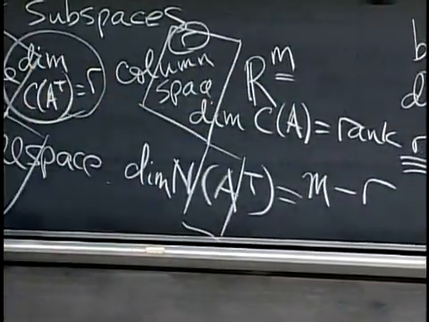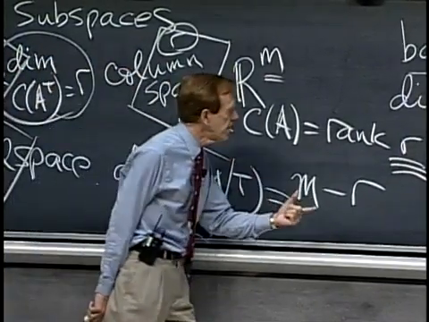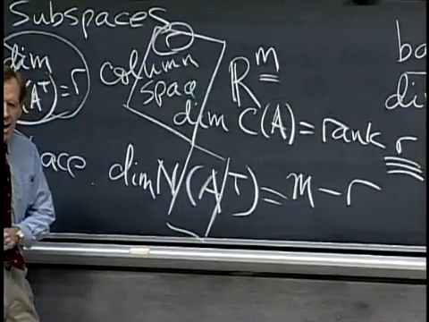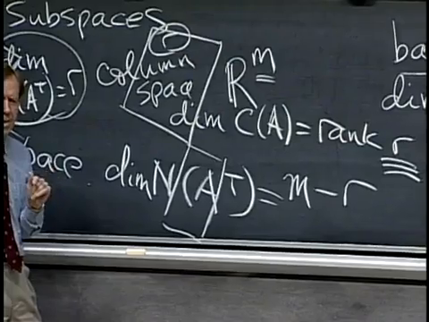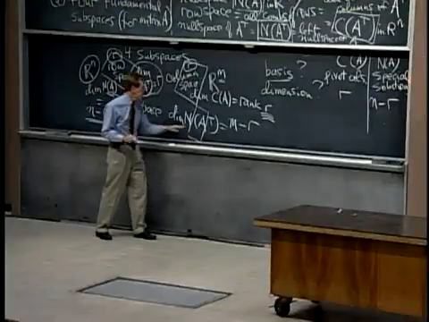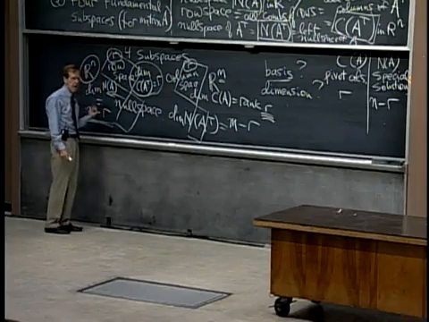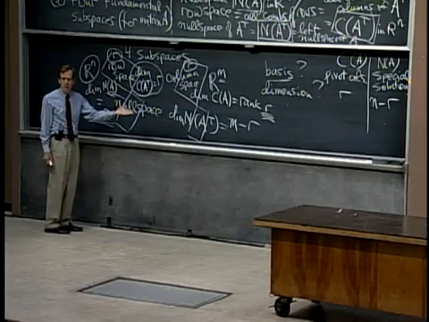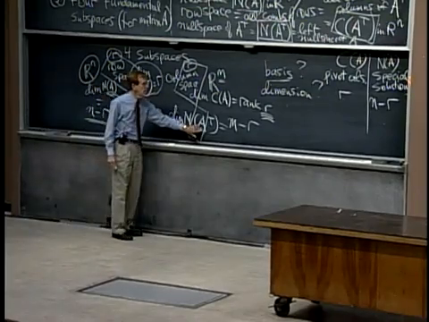Well, that's really just saying that again, the sum of that plus that is m. And m is correct. It's the number of columns in A transpose. A transpose is just as good a matrix as A. It just happens to be n by m.